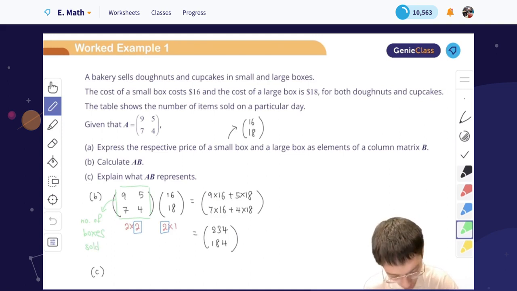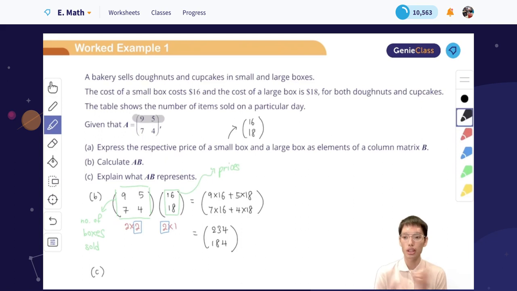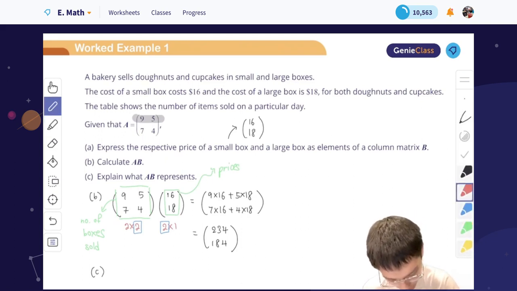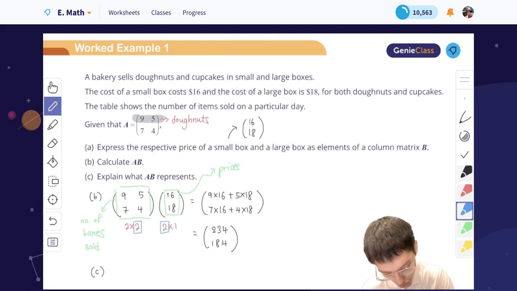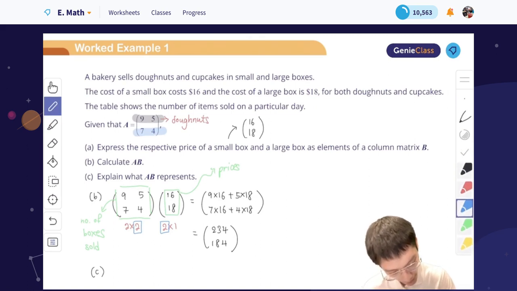And the other one represents the prices. If I look at it row-wise, let me just recap, I can't remember as well. I think it's donuts. Yes, it's donuts. I might have spelled donuts wrongly. Donuts over here. And the other row represents my cupcakes.